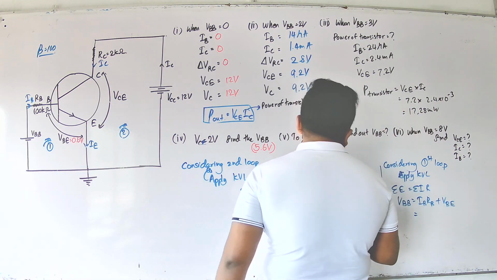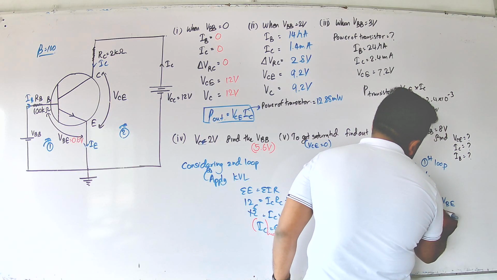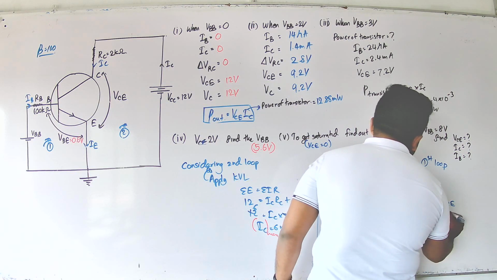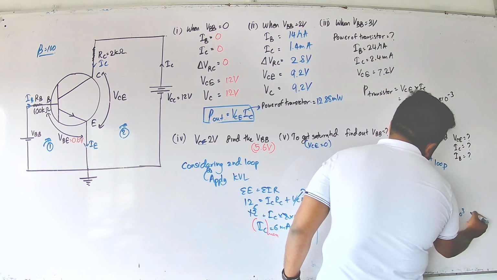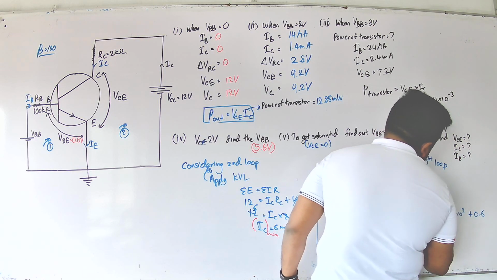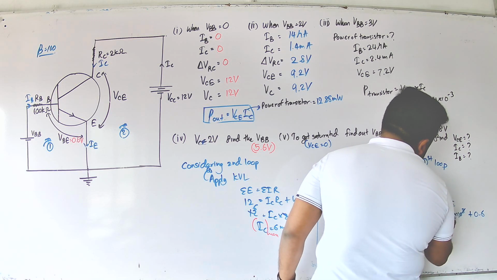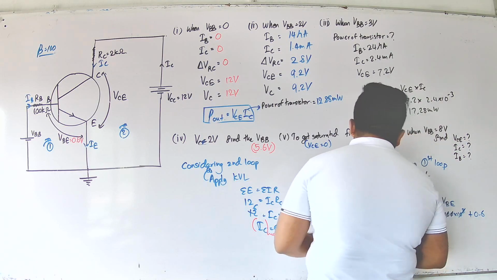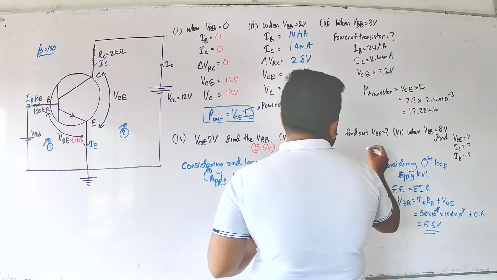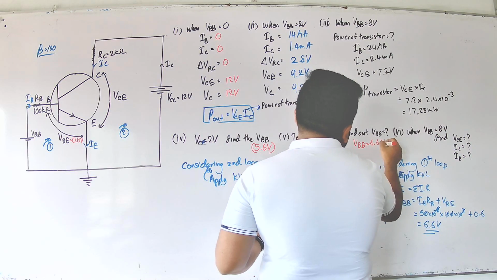So VBB, IB is 6 into 10 to the power minus 3... RB means 100 into 10 to the power minus 3 plus 3 plus 0.6. That means 3 cancels out, 6.6. So therefore VBB equals 6.64. Okay.